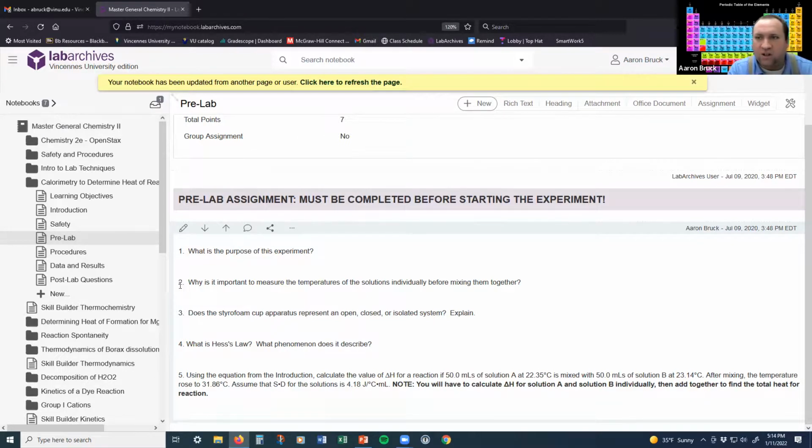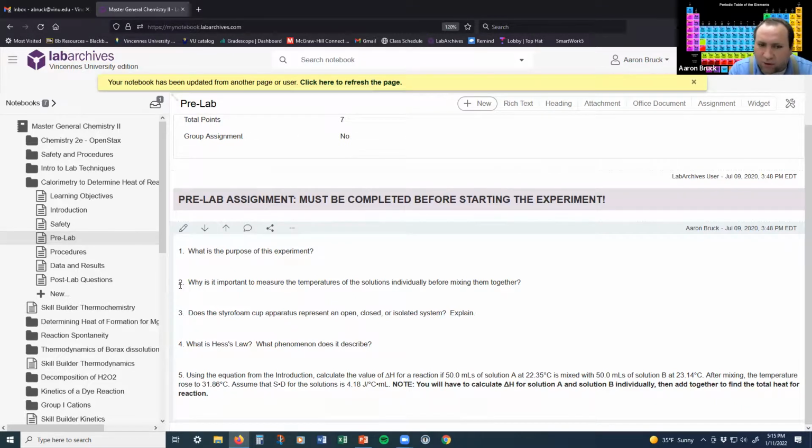So I need to know what the change in temperature is for the first solution and what the change in temperature is for the second solution. I'm going to take those 2 heat values and add them together. That's going to give me the total heat of solution for the chemical reaction that took place. So I have to have individual values initially so that I can get those individual heat values.